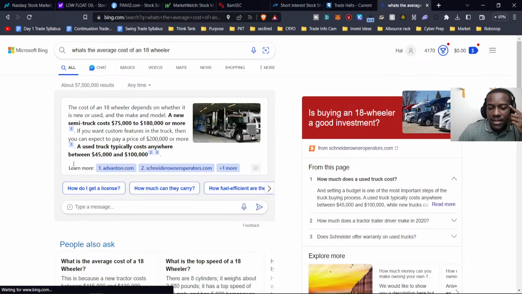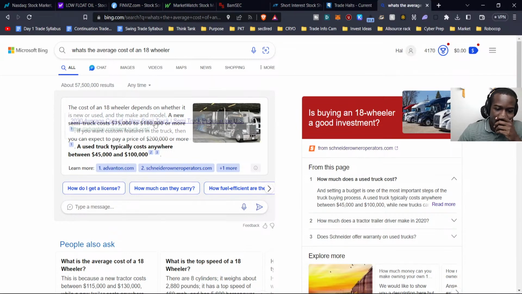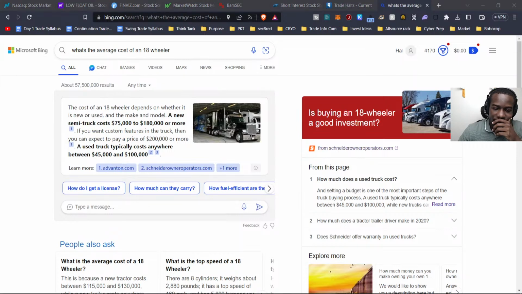Okay, so the cost of an 18 wheeler depends on whether it is new or used, and the make and model. A new semi truck costs 75,000 to 180K or more. So we'll just go at a median of that.